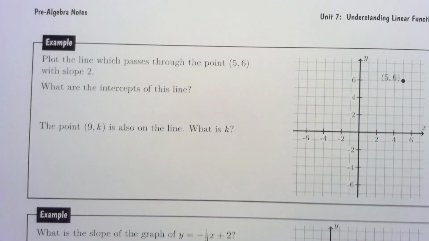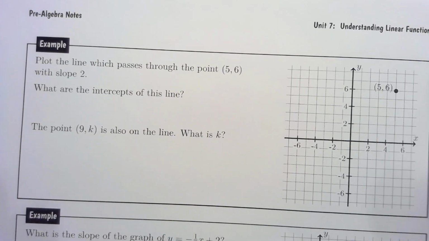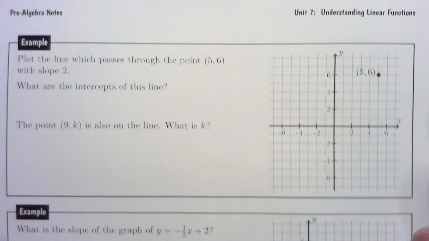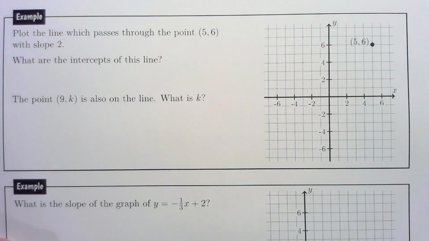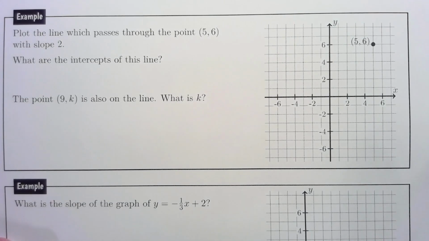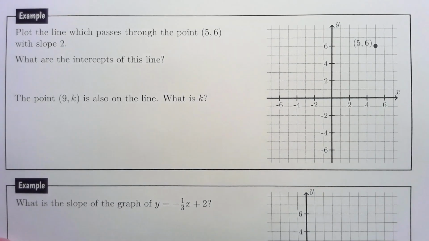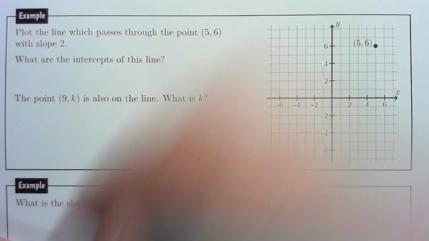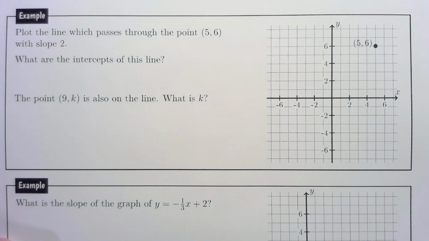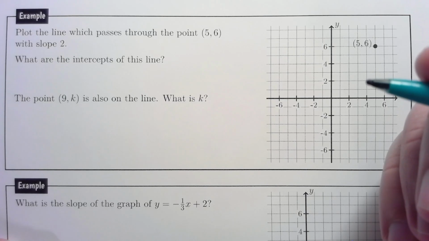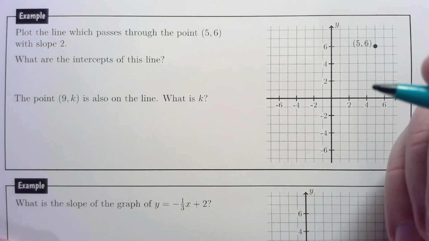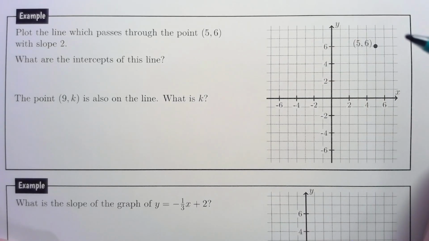Let's continue looking at some further examples. So this asks us to plot the line which passes through the point 5, 6 with slope 2. Now we know what it means for slope 2. That means our ratio of change in y and change in x is 2.